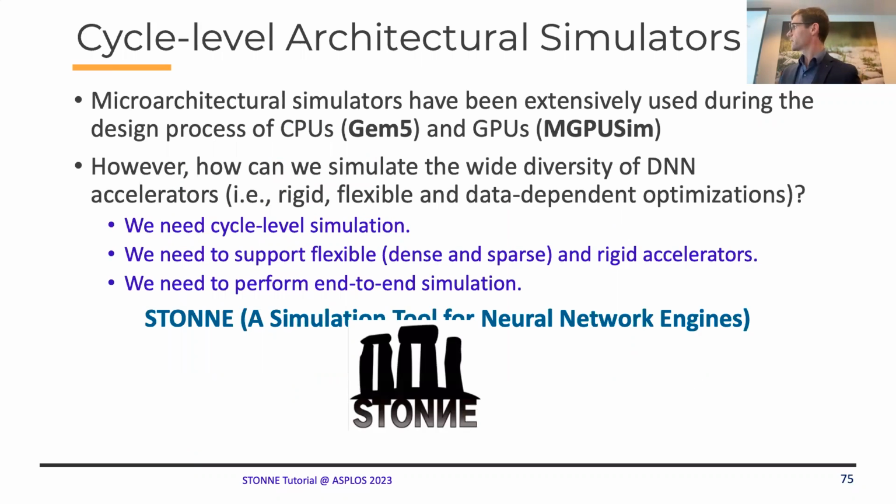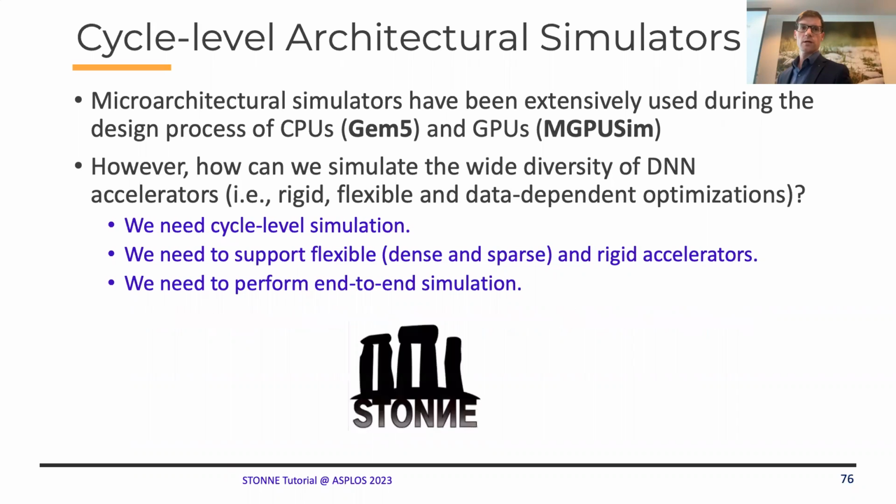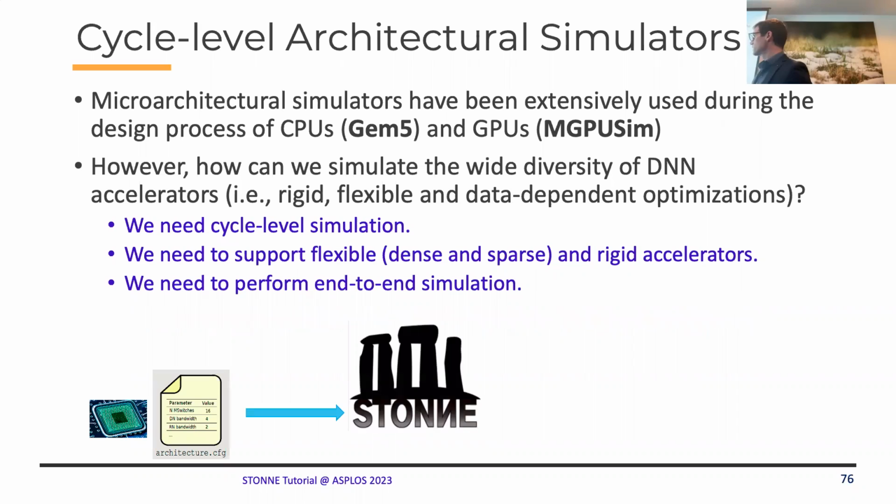That's why we have proposed STONNE as a simulation tool for neural network engines. As we demonstrate in this tutorial, it is a very valuable tool for DNN architectures, and we also extended it, as in the Omega part that Ravis is going to explain, so it is also appropriate for GNN workloads, graph neural networks.